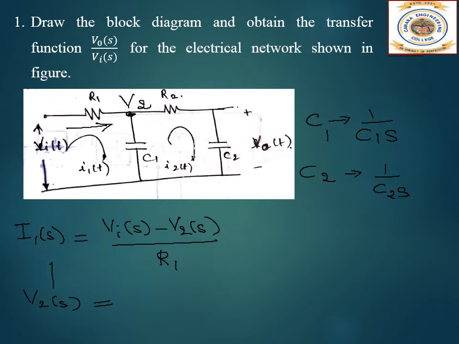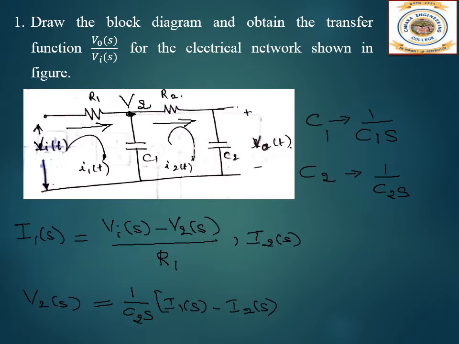Let us write that: V2 of S equals 1 by C1S into I1 of S minus I2 of S. Then what next? We have I2 of S. Where is I2 of S flowing?